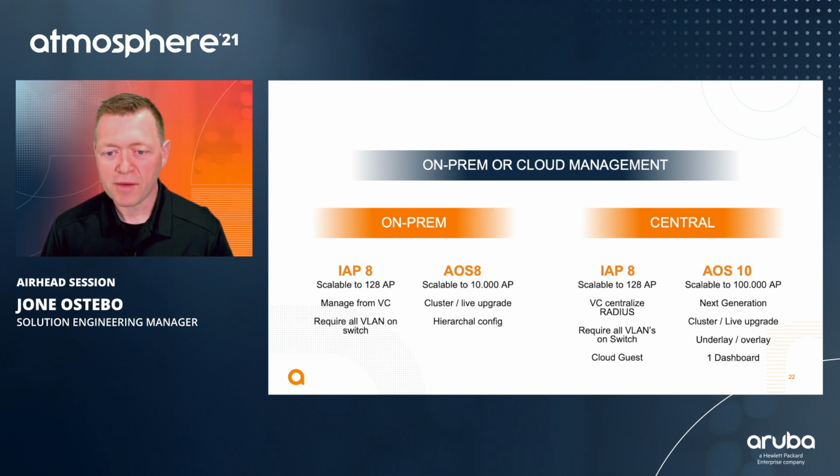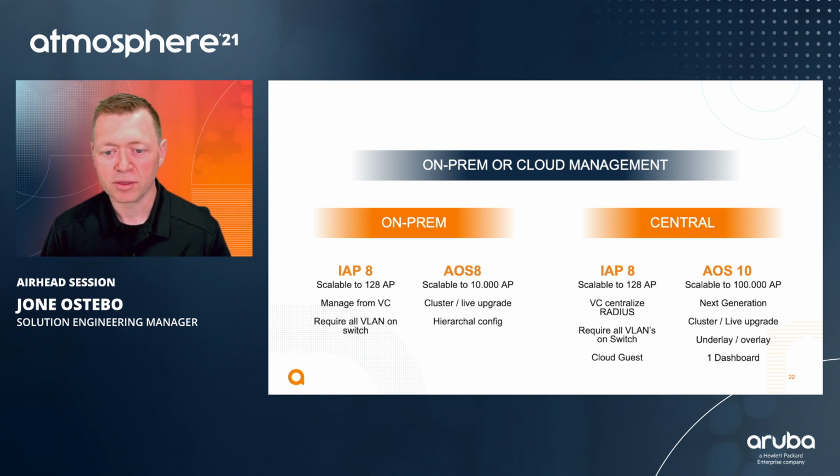The next architecture we have is our AOS 10, the next generation architecture, still managed by Central in the cloud, and we're scalable to 10,000 access points for one campus. This is a major scalability enhancement compared to what we have had before, and we're also adding a lot of new enhanced features into this.